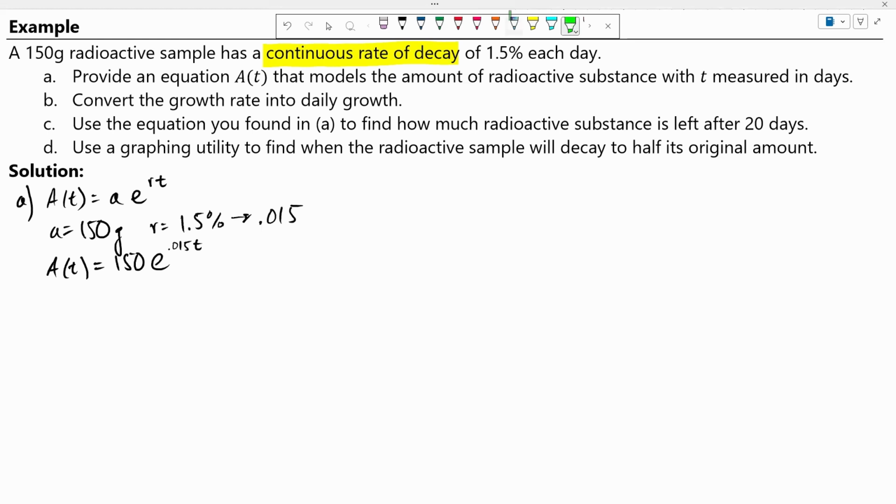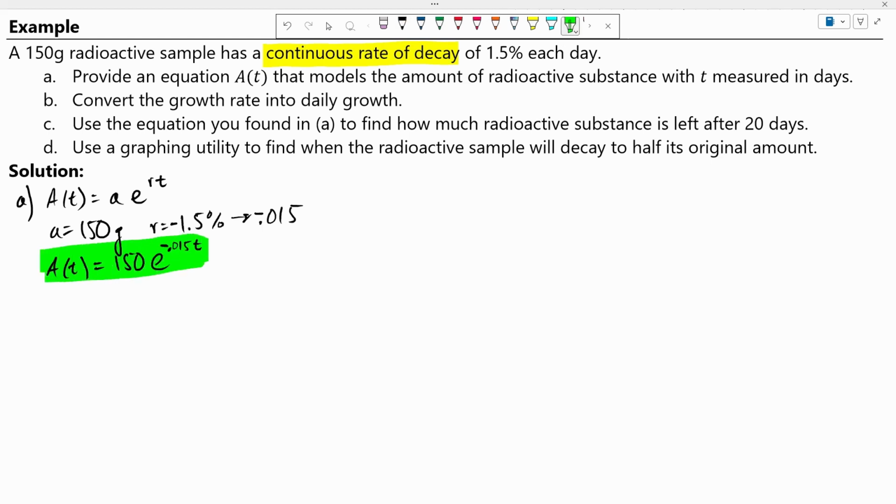Notice how it says decay. Haha. You see, it says decay there, right? So then this means, since it's going away, negative 0.015. Okay. I almost ran with it. Can you believe that? Okay. This is the equation.